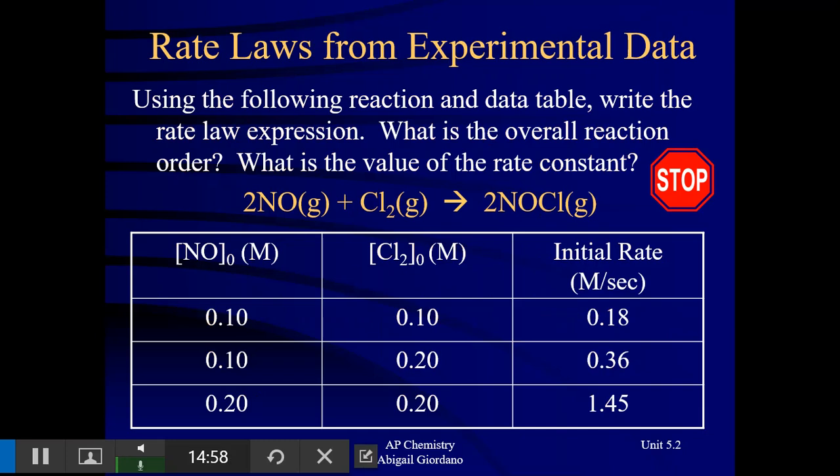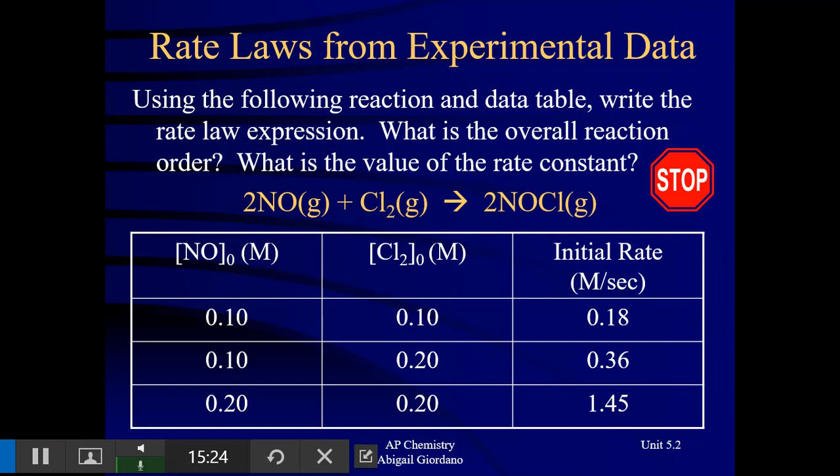So here's what I'd like for you to do. You're given another table of data that looks very similar, different reaction though. What I want you to do is use the method that we just did to come up with the rate law, meaning I'm asking you to solve for those exponents, solve for the orders of each individual reactant.